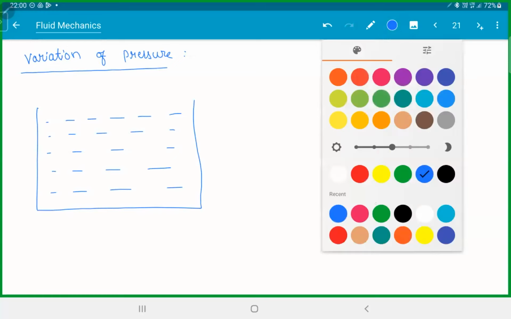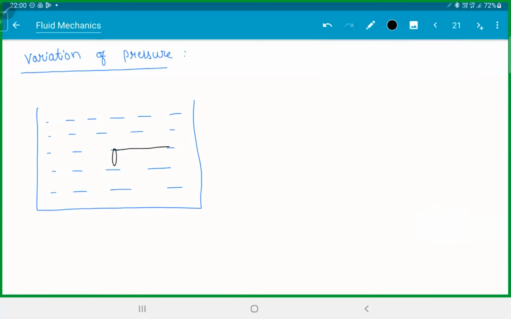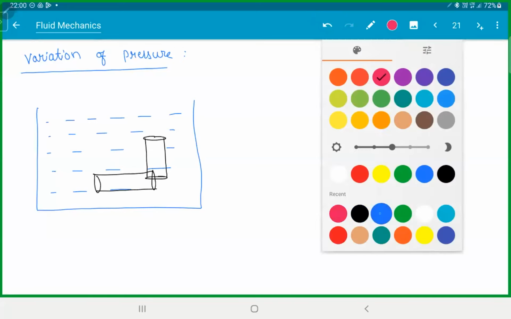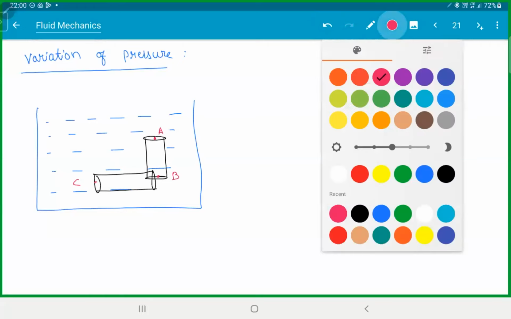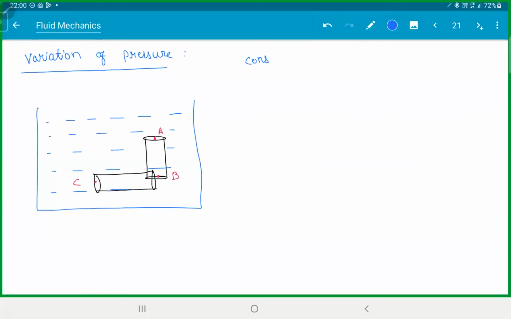So if you consider a cylinder like this, let's say this point is A, this point is B, and this point is C. So consider imaginary cylinders A, B and B, C as shown.